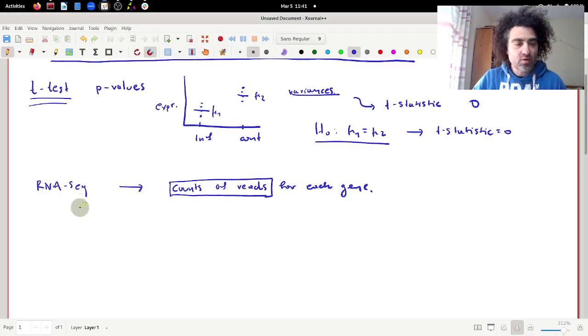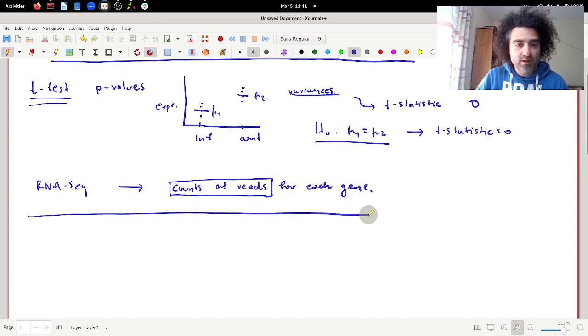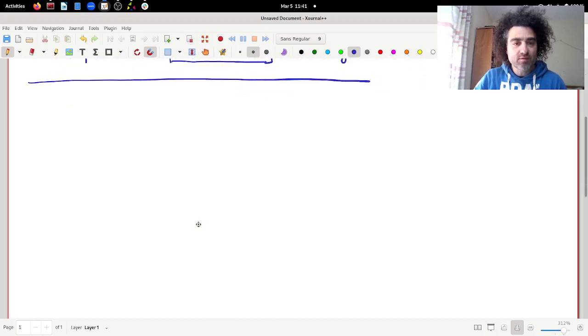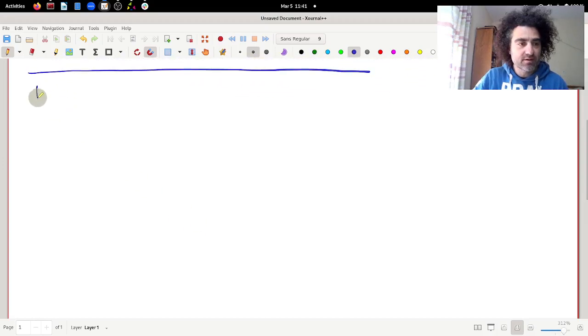Okay, let's see now how we will able to process immediately the number of reads. So assume that we have done an RNA-seq experiment. And we have obtained in total n reads.